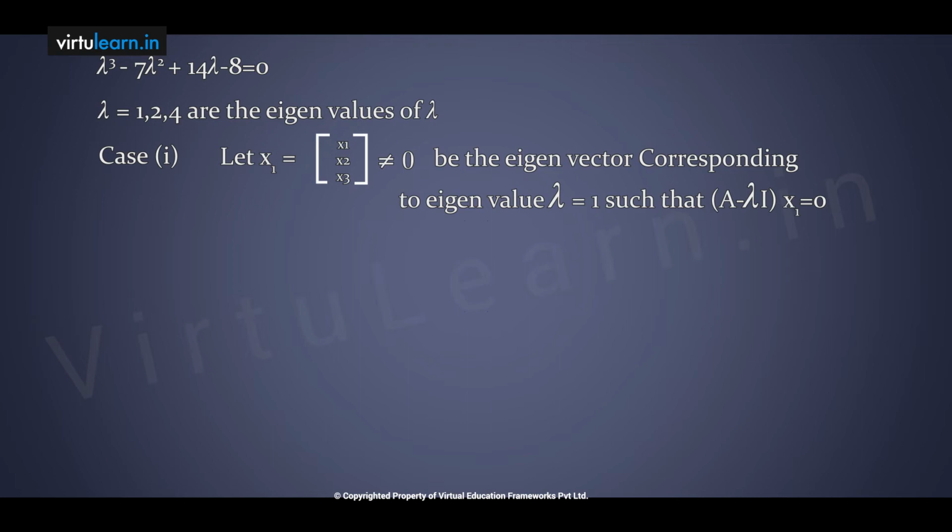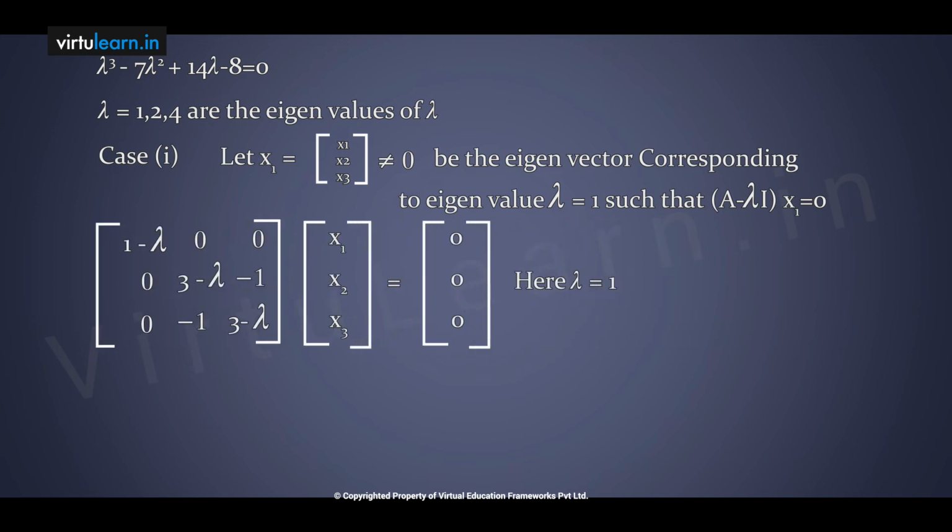Now I am writing the system. (A minus lambda I) into x1 equal to 0: 1 minus lambda, 0, 0; 0, 3 minus lambda, minus 1; 0, minus 1, 3 minus lambda, into vector x1, x2, x3 equal to 0, 0, 0.